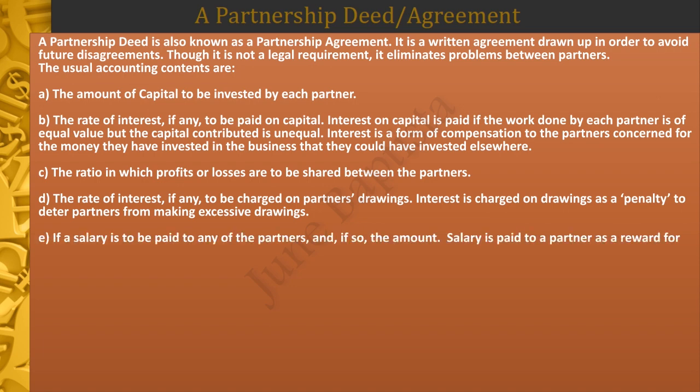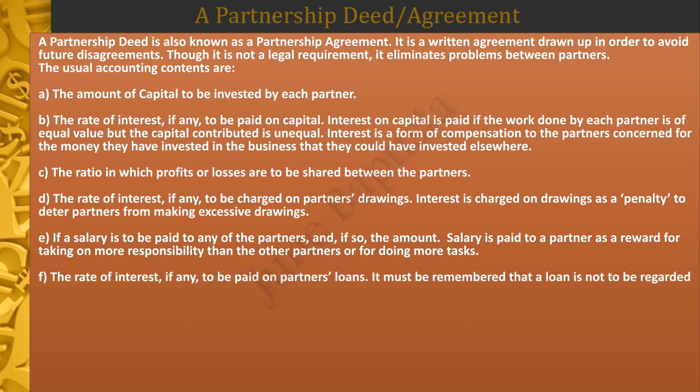E. If a salary is to be paid to any of the partners, and if so, the amount. Salary is paid to partners as a reward for taking on more responsibility compared to other partners, or for doing more tasks. F. The rate of interest, if any, to be paid on partners' loans.